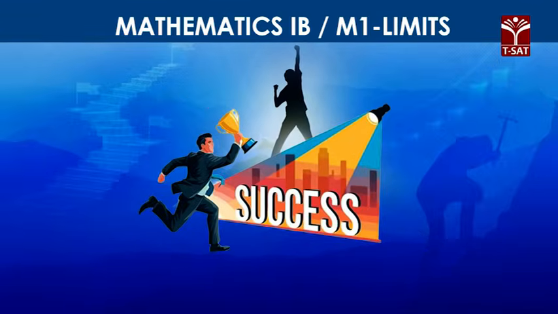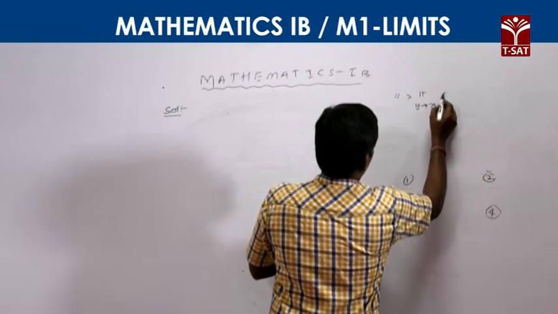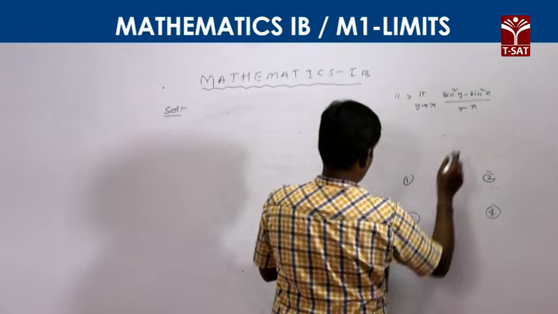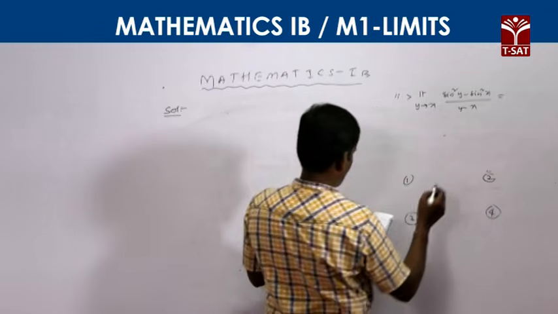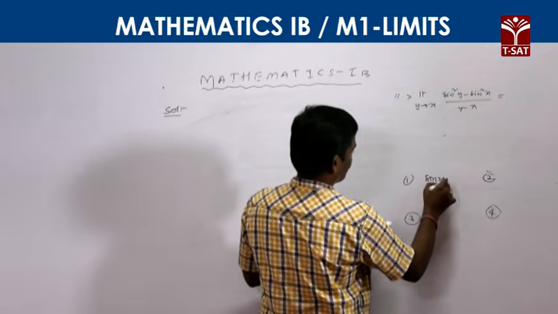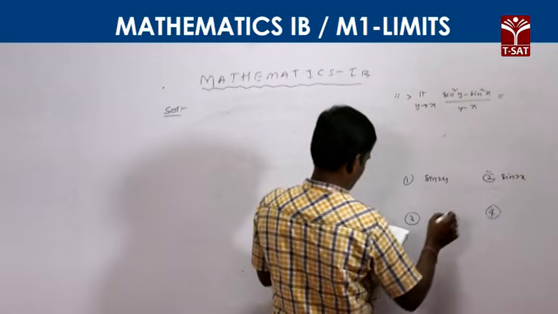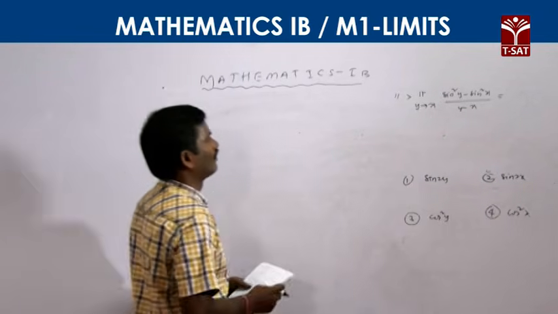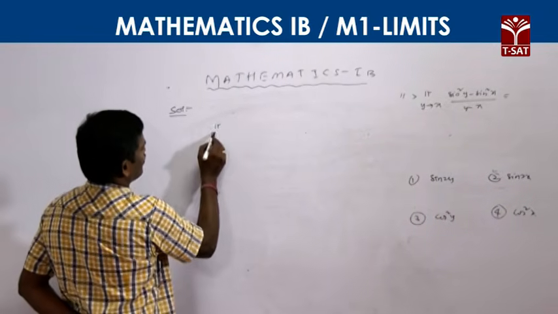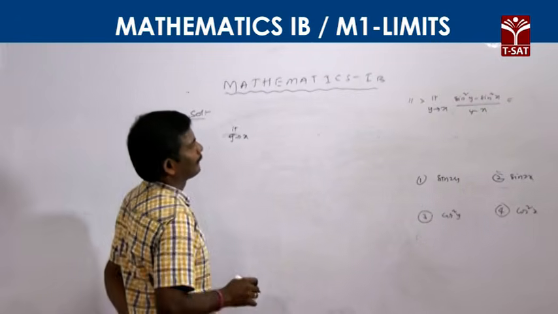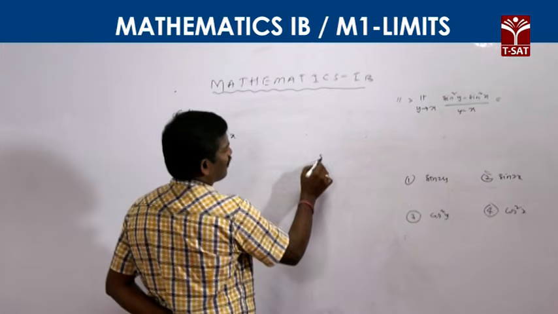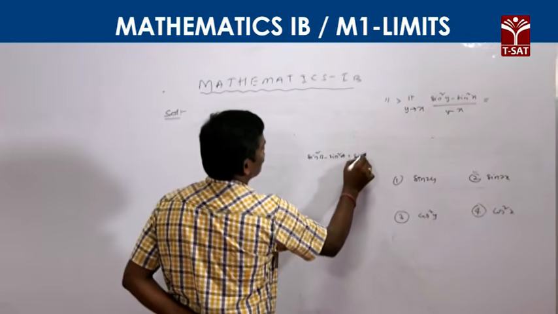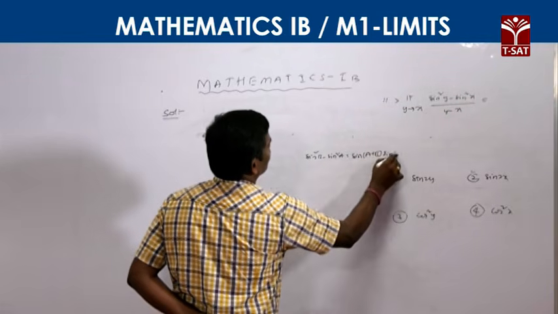Second option. Limit y approaches x, sin square y minus sin square x by y minus x. That answer, first option is sin 2x, second is sin 2y, then cos square y, cos square x. So for that function, limit y tends to x, sin square a minus sin square b formula, sin square b minus sin square a formula, sin of a plus b into sin of a minus b.